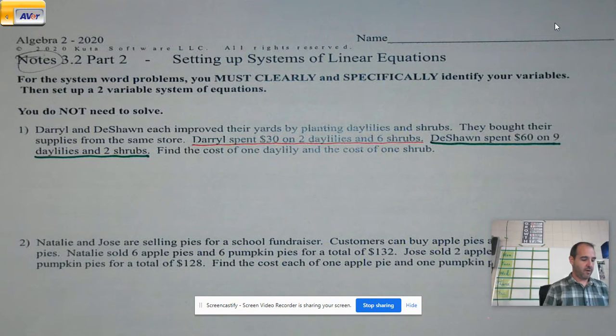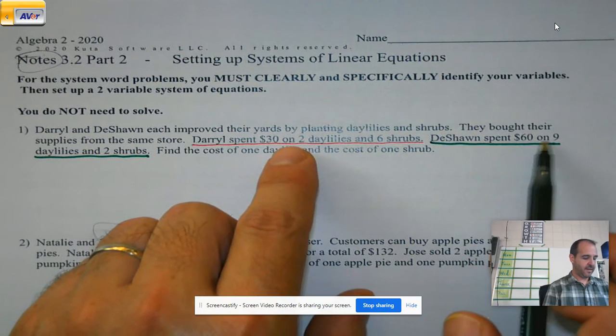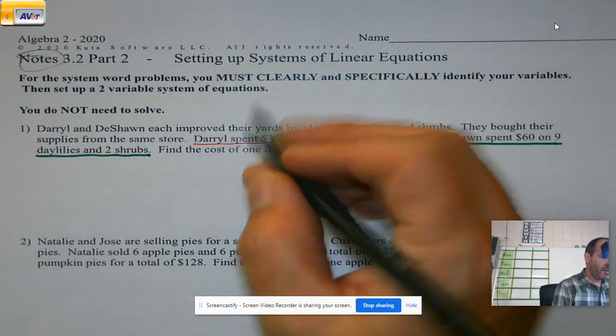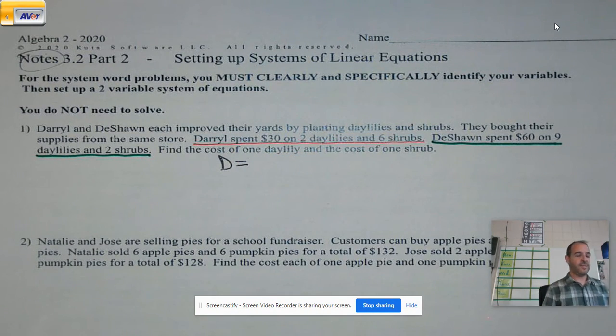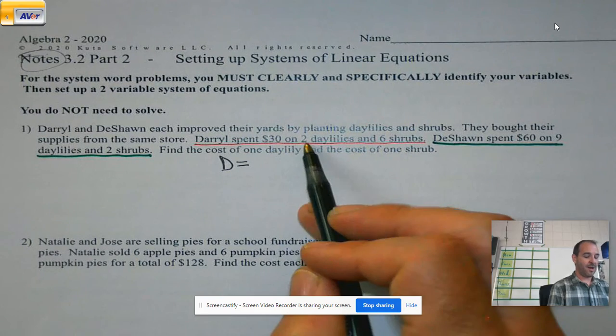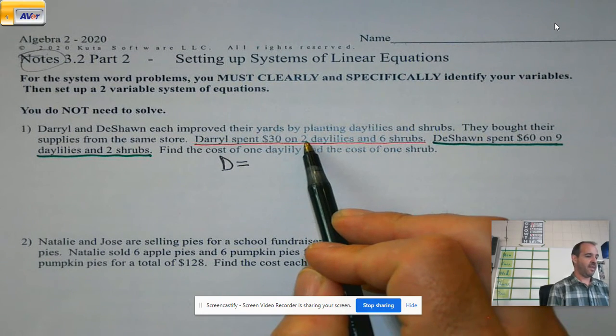So I look and I go, okay, first thing I want to do, what are my variables going to be? So I notice they both have daylilies, they both have shrubs. So D equals, I don't just want to write daylilies. Why? It could be the number of daylilies. It could be the cost of a daylily. How do I know? Well, they already tell me how many there are. So it's not how many there are.